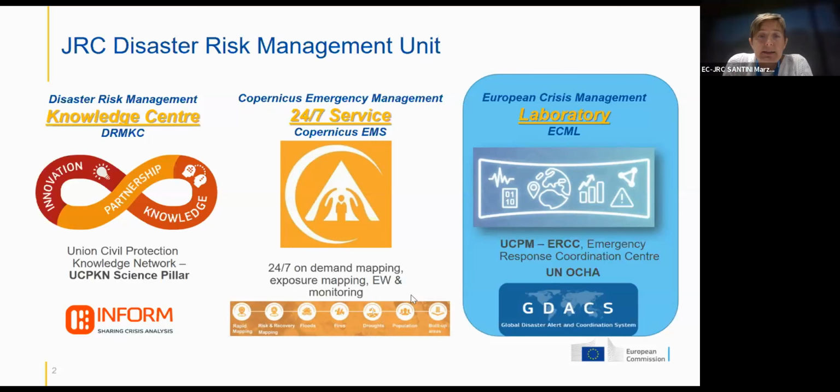The operational service called Copernicus, active 24/7, provides early warning systems and rapid mapping derived from Earth observation data to the requesting authorized users. And finally, this laboratory experiments methodologies and approaches to solve new and old disaster risk management related challenges.